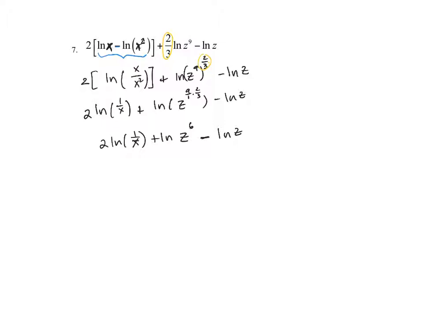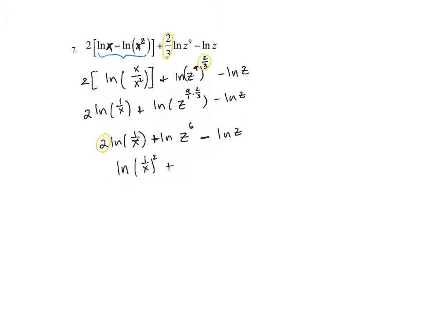And then I've got subtraction here and multiplication. So I'm just going to go ahead and rewrite this, but I am noticing that I have a coefficient in front of my ln. So I'm going to just rewrite that as ln of 1 over x squared.